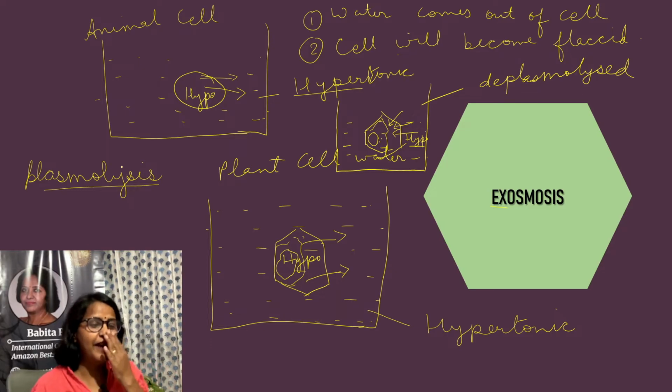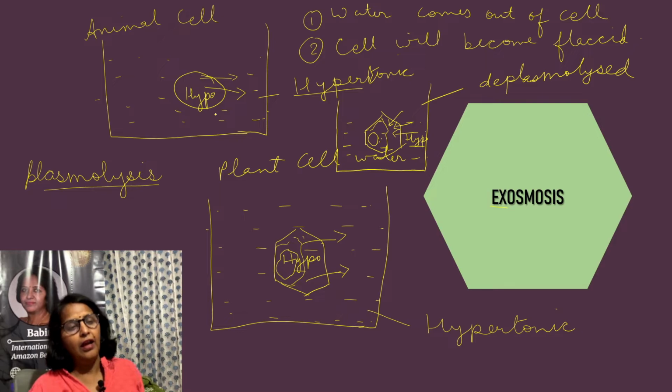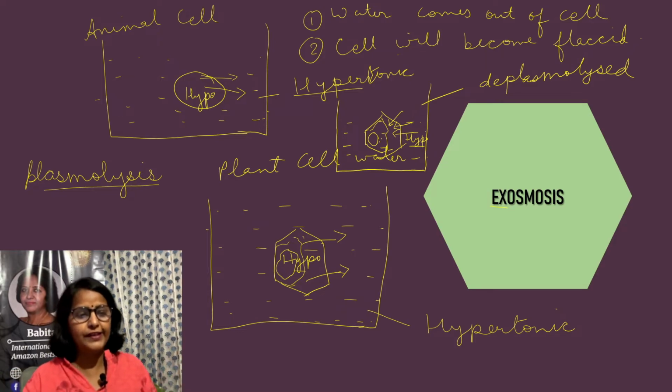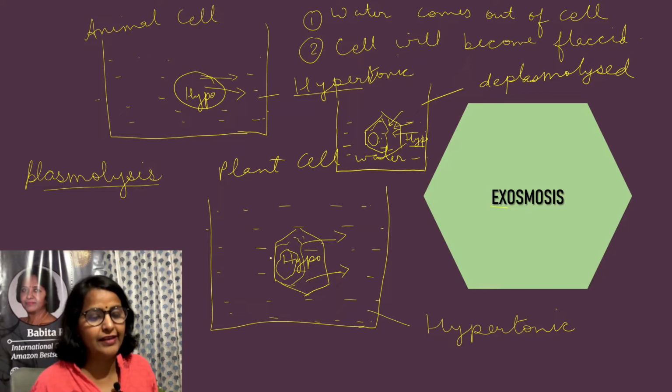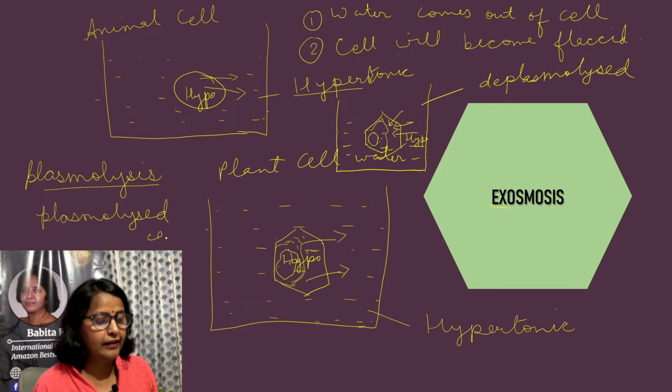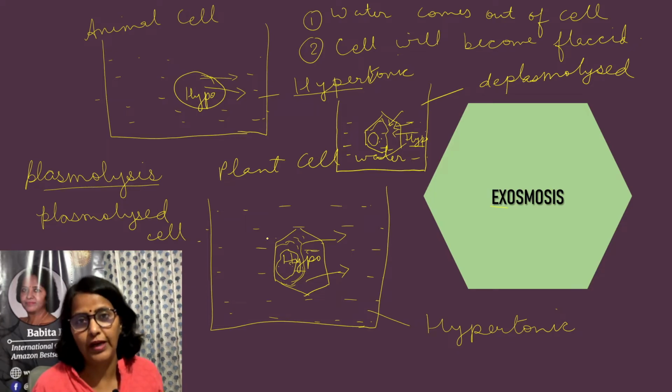So, in case of animal cell, it is simple. Water comes out of the cell, and the cell will become flaccid. These two conditions are there with plant cell also, but it starts shrinking. The vacuole starts shrinking first, and then all the cytoplasmic organelles also shrink to one side, and that kind of cell is known as a plasmolysed cell, and the process is known as plasmolysis.